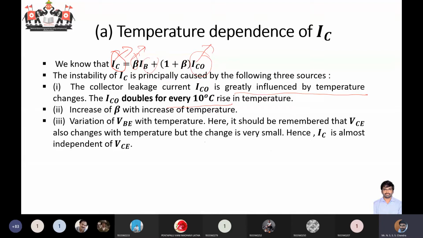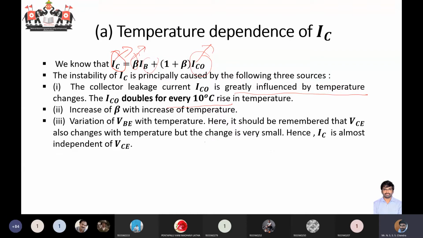Your output voltage VCE across the collector emitter also will change with temperature, but compared to VBE, the VCE changes will be very small, and we can say that IC is nearly independent of VCE.